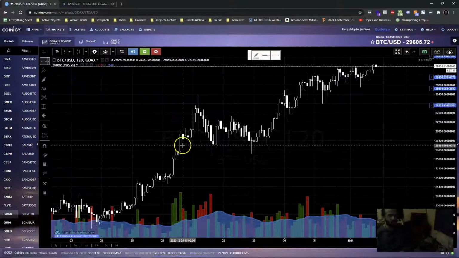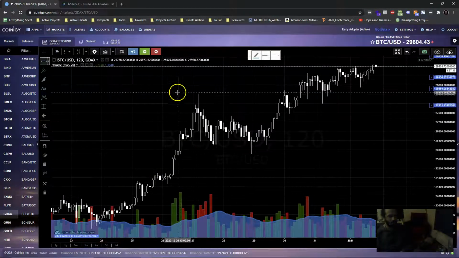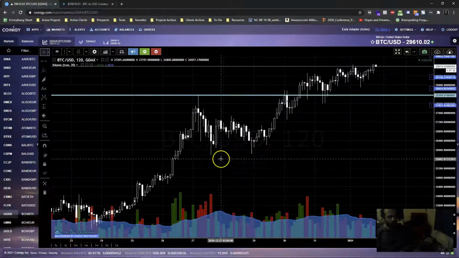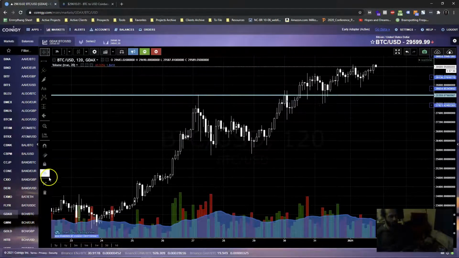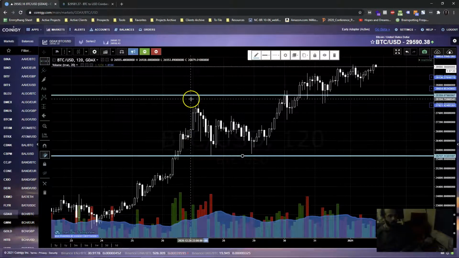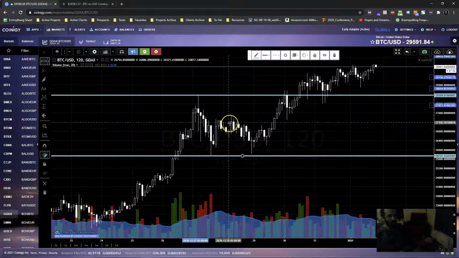So if I go with the horizontal line between this high and then the lows that followed after it, right? We went up to here, we tested, came up, didn't make it.